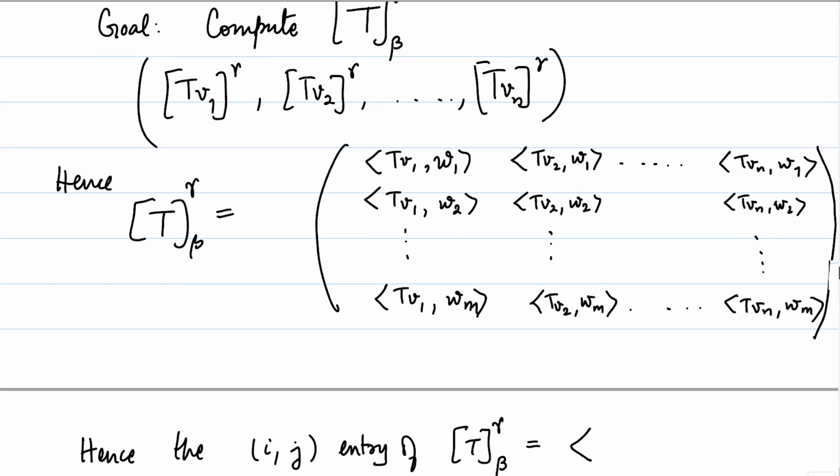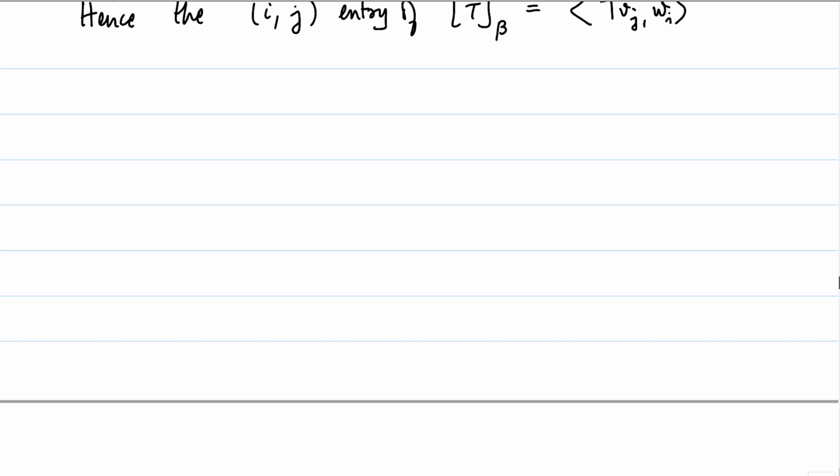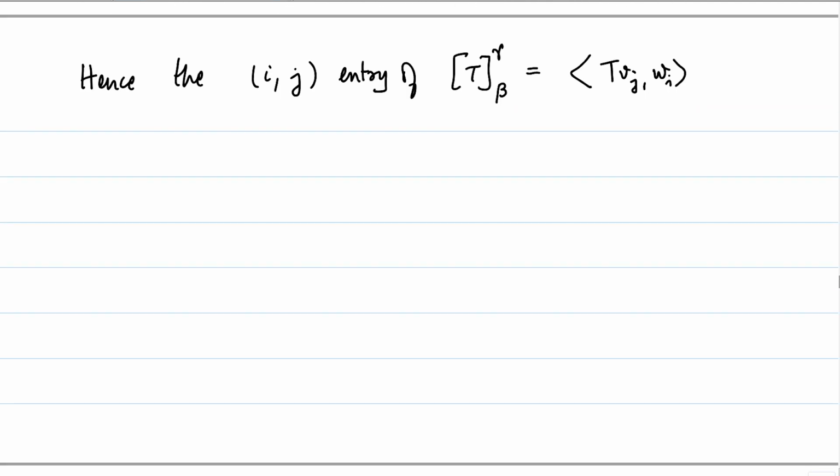Hence, the ij entry of [T] beta gamma, let's go back to this matrix. The i is here, j is here. So the ith one is with respect to wi, and the jth one is with respect to vj. So this will be the inner product of Tvj with wi. This is the ijth entry of the matrix of T with respect to beta gamma.